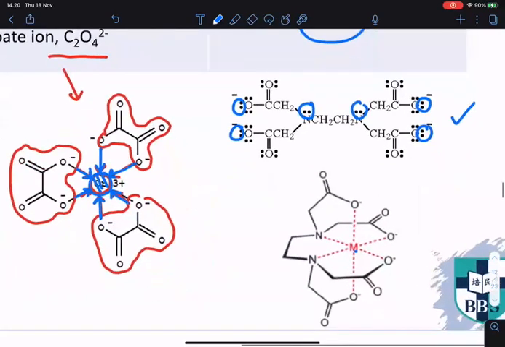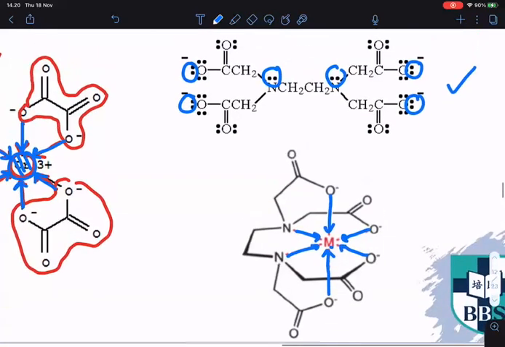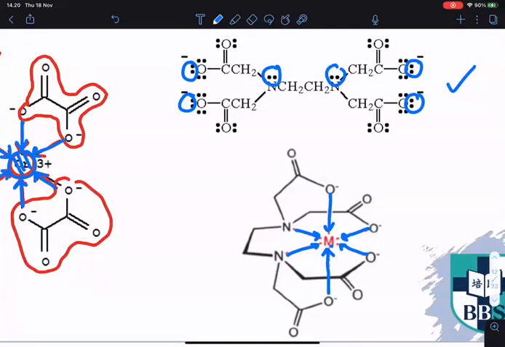If you look at this over here, how many ligands are there? There is only one ligand, but how many coordinate bonds do they form? They form a total of 6 coordinate bonds. So each EDTA can form a coordination number of 6 directly. Because of this, they are known as polydentate.